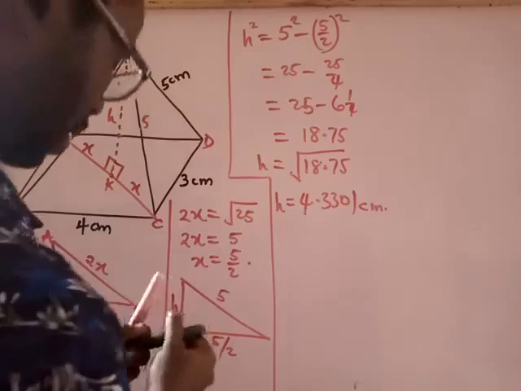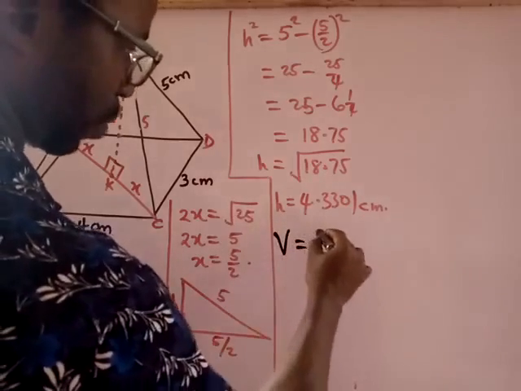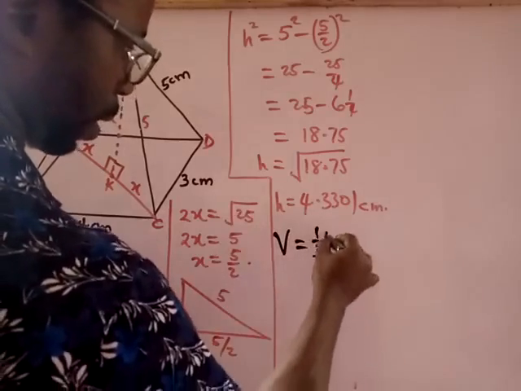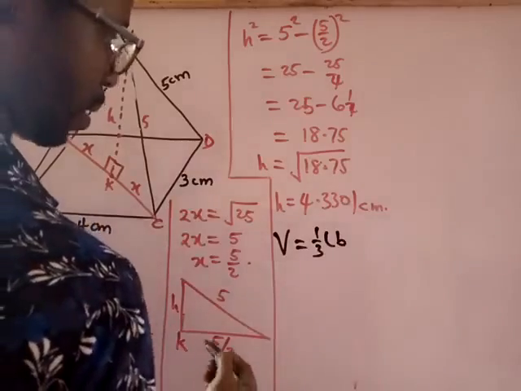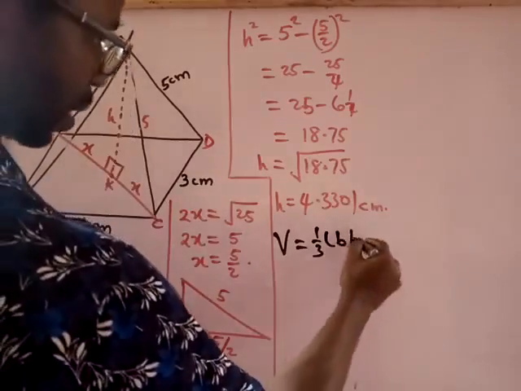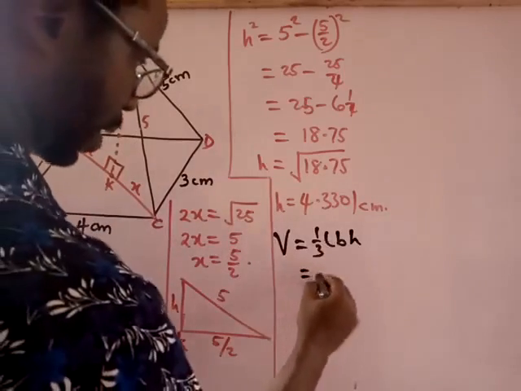So after doing that, I will now solve for my V. So my V is 1/3 times the area of the base, which is length times breadth, times the perpendicular height I just got right now. So you see that without calculating this h, there's no way you can get the answer.